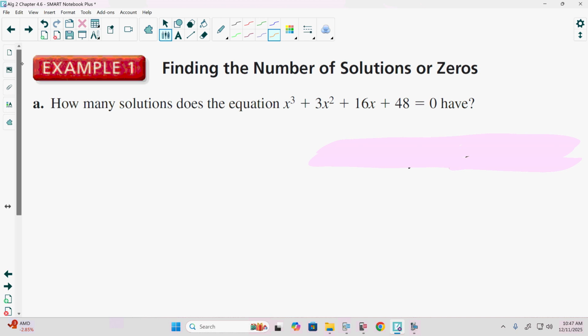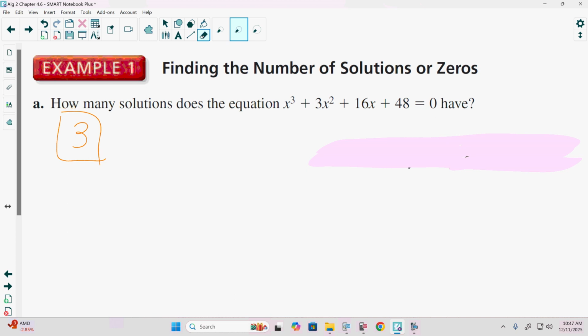So if we look at this equation, x cubed plus 3x squared plus 16x plus 48 equals 0, how many solutions would this have? What's the degree? 3. So how many solutions should it have? 3. Since the degree is 3, the number of solutions should be 3.